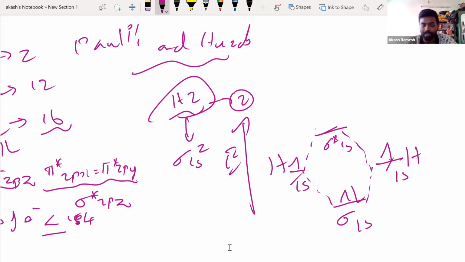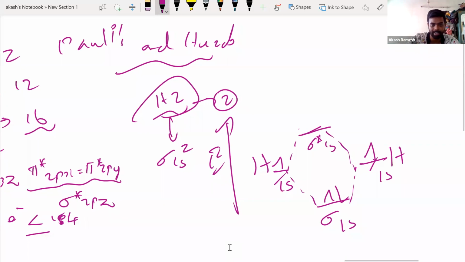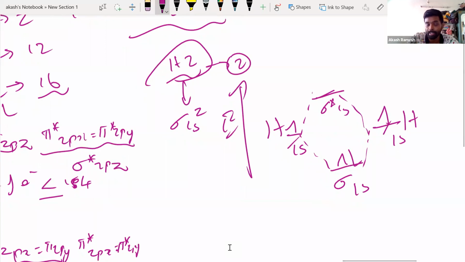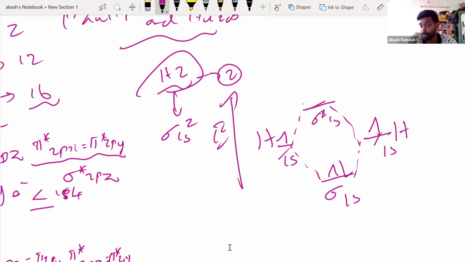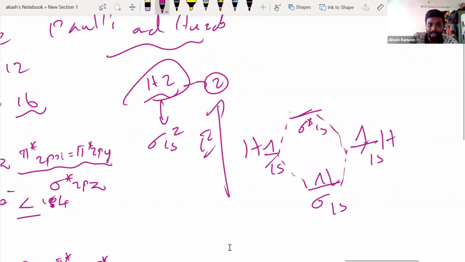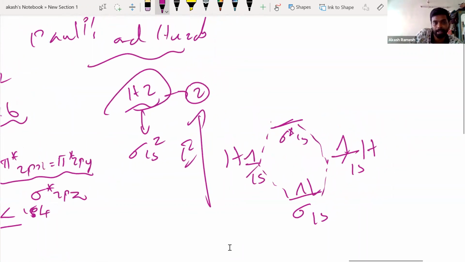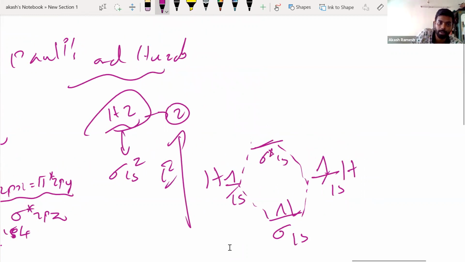Okay, right? Fine. Now, another thing you have to understand is, I told you molecular orbital theory predicts stability, bond strengths, and bond lengths. For that there is a particular quantity which is going to help us, and that is called bond order.